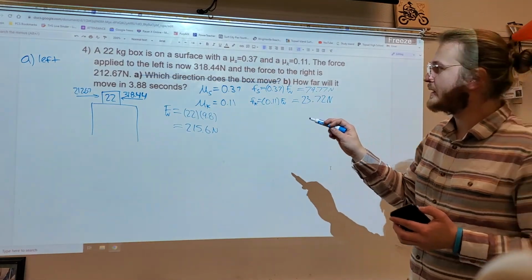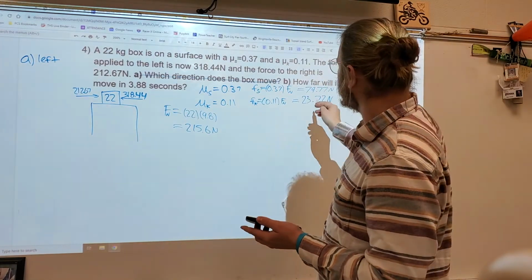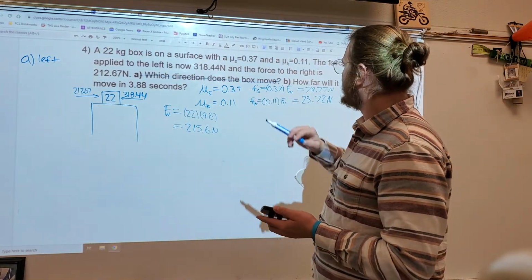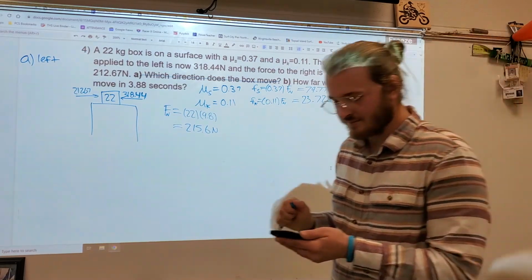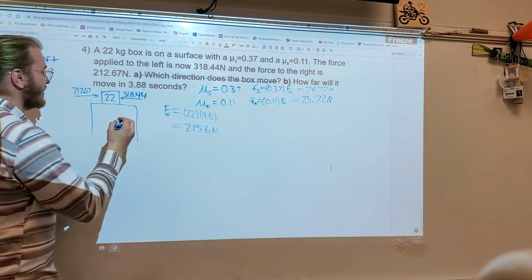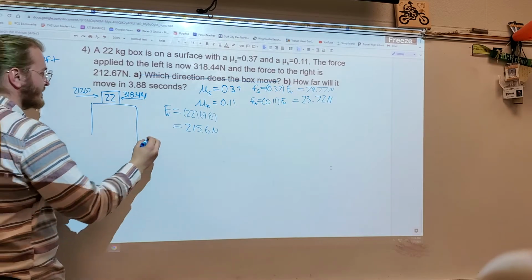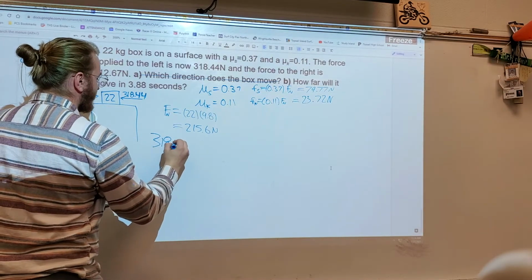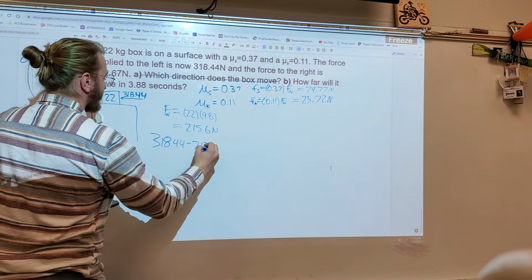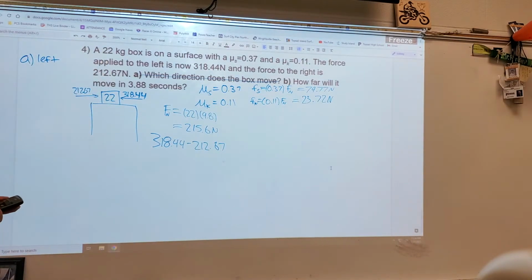Let's first figure out if the total force or the net force applied on the box is larger than our static force right here. So if we're going to do the net force, we're going to do 318.44 minus 212.67.